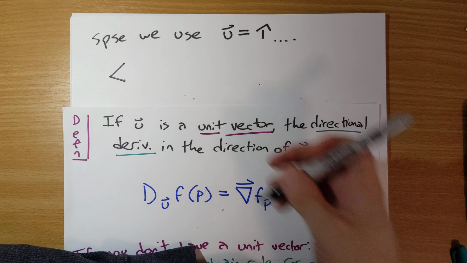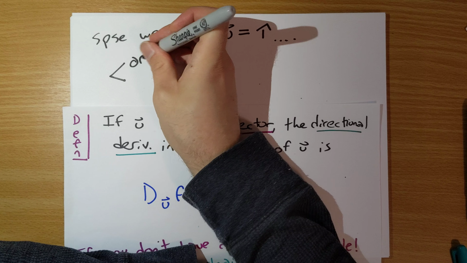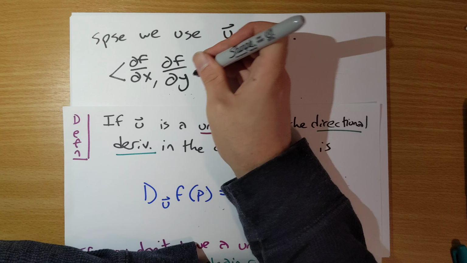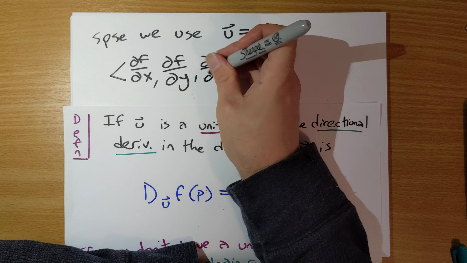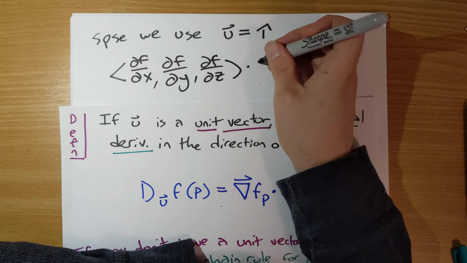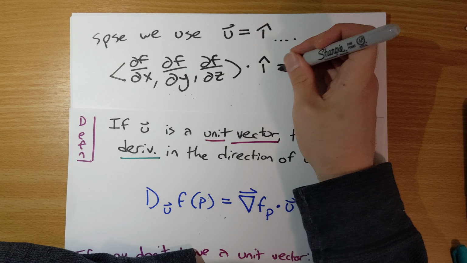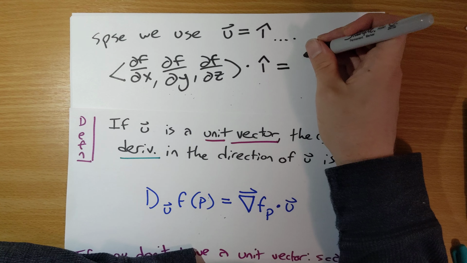The gradient of f would be partial f partial x, partial f partial y, partial f partial z, dot product with i hat. Of course, i hat is just the vector 1, 0, 0. This chooses out the first entry here.